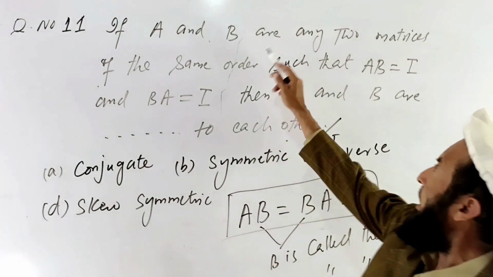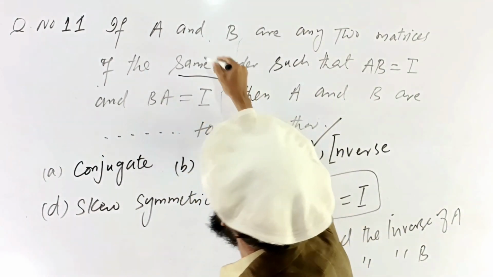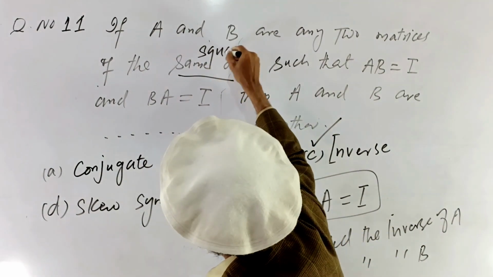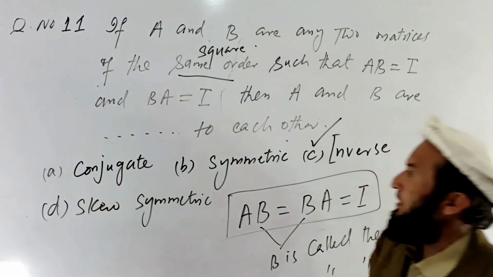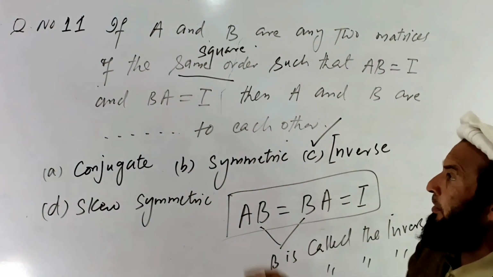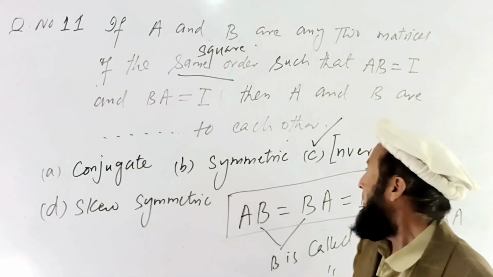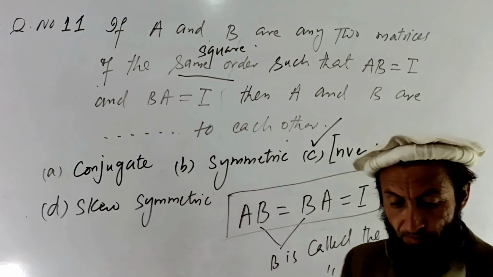If A and B are two square matrices of the same order, AB is equal to identity and BA is equal to identity, then A and B are inverse to each other.